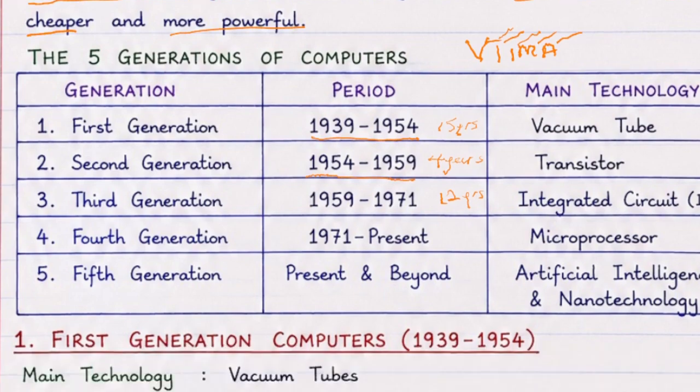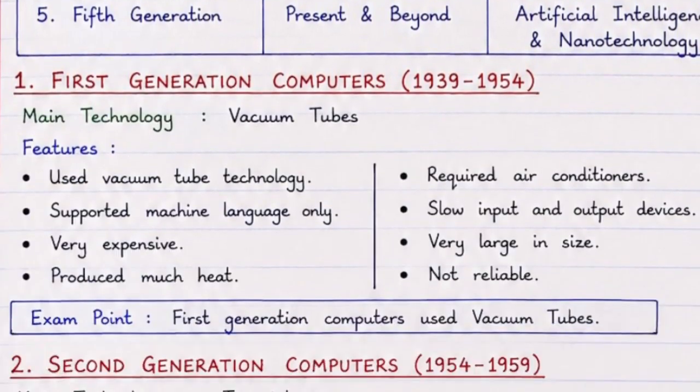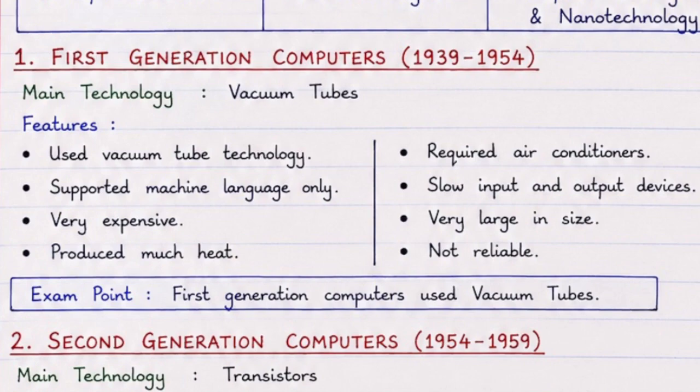So let's check the first generation. The main technology is vacuum tubes. It supported machine language only. What is machine language? Machine language is the binary language. We are still coming to that when we get to software, where we'll learn a lot about machine language.